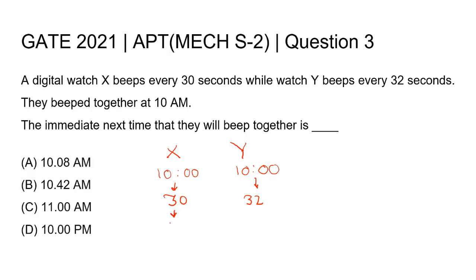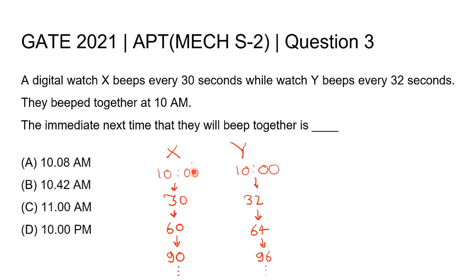Then watch X will beep after 60 seconds from 10 am and watch Y will beep after 64 seconds from 10 am. Then watch X will beep after 90 seconds and watch Y after 96 seconds from 10 am, and so on.